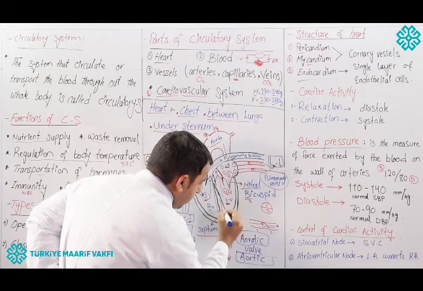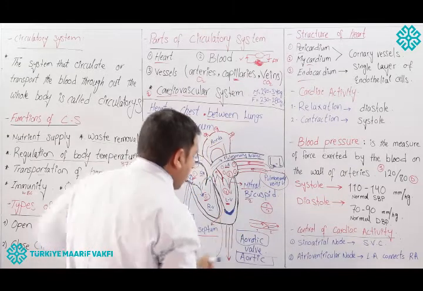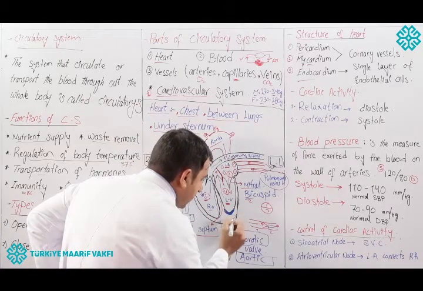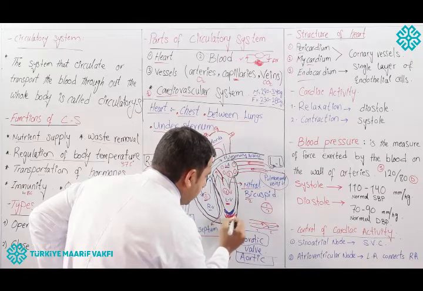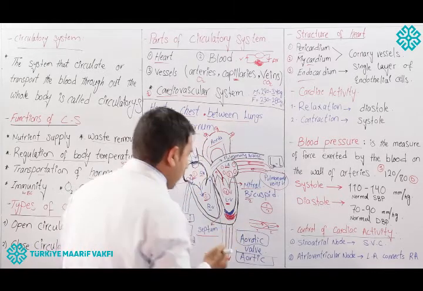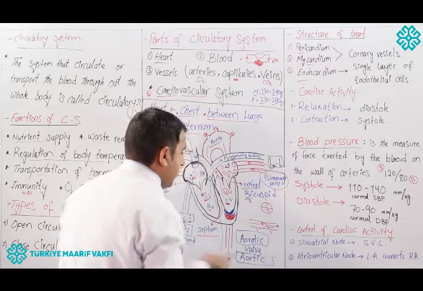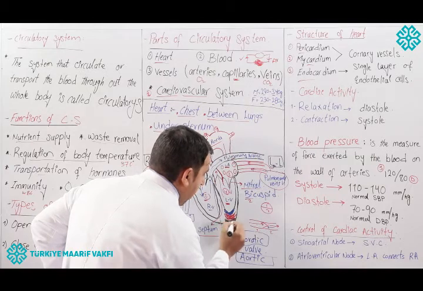Just imagine, it is the first part, this one. After that, we have the second part with red color, and after that, with black color, the third part. Three layers we have in our heart.